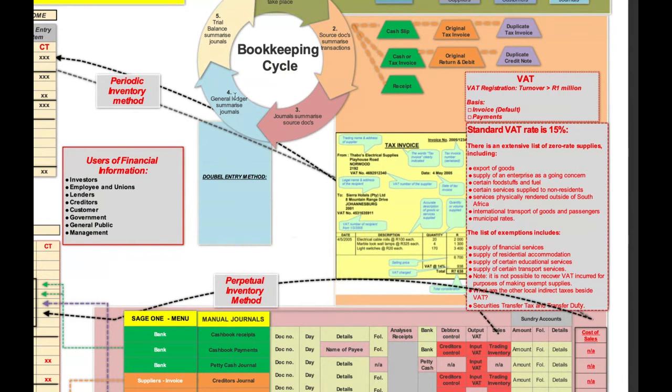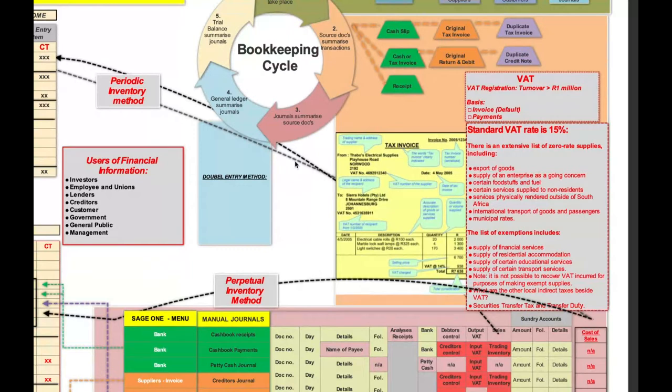Once it's done all the general ledger entries, it then goes on to populate the trial balance.